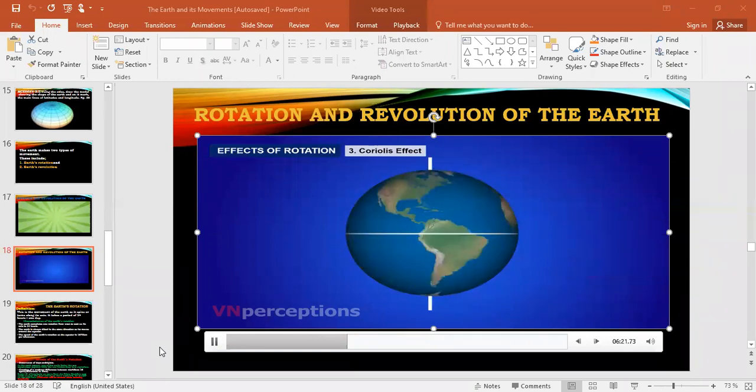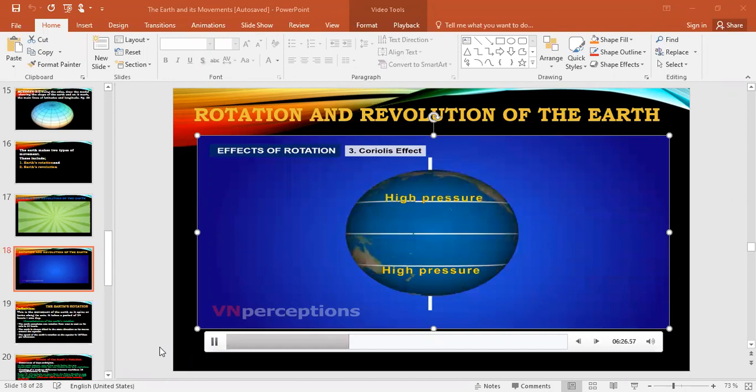Because there is difference in temperature, there will be difference in pressure. Some places will have a high pressure and some other places will have a low pressure. And because of that, the wind moves. The wind always moves from a high pressure area towards low pressure area.